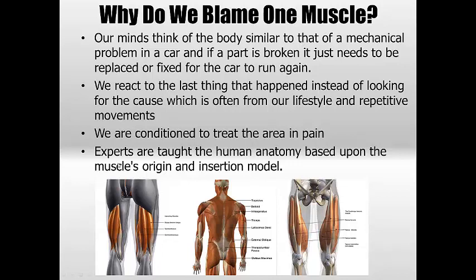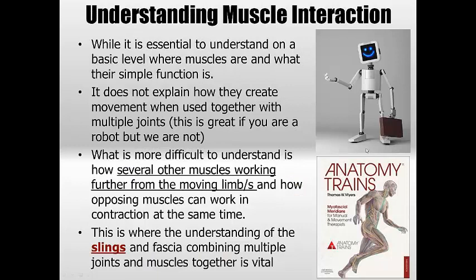The experts, even like myself, when we first begin our career in this industry, are taught the human anatomy model based on the muscle's origin and insertion. It's good to know this, but unfortunately we don't move like this, because if we did, we would be a robot. It's good to understand the basic function of this muscle pulling this bone from this origin to this insertion, but it doesn't explain how those muscles interact when multiple joints are moving.